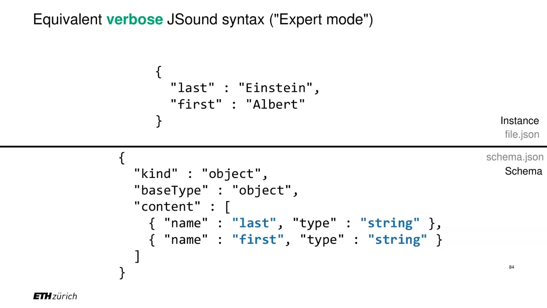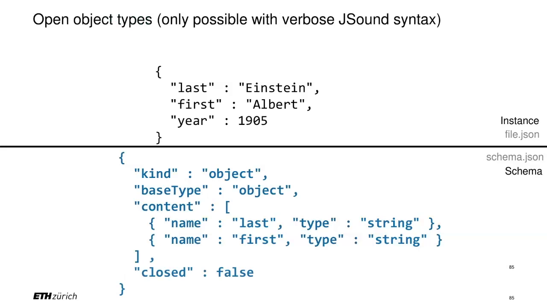So when I am in expert mode of the verbose JSON syntax, I can add a property to my schema that says closed false. Closed means I don't accept any other keys. If I say closed false, then it's open. And if it's open, now I have year 1905.